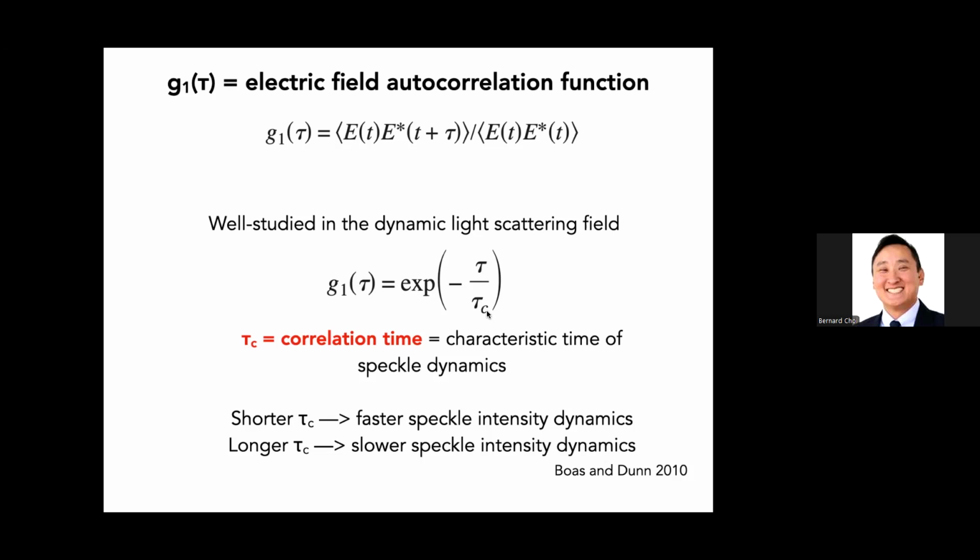When the speckle is changing fast, this correlation time will be short, and so G1 will decay more quickly. The correlation time is effectively how long the speckle is there for. It's not quite that simple, but I think it's an easy way to think about it. And it just happens to be an exponential decay, something we could wrap our heads around.